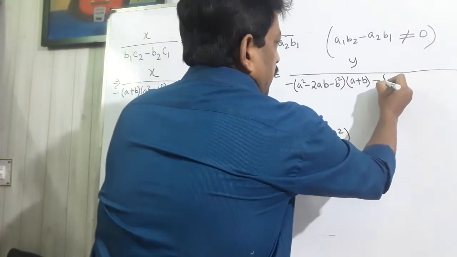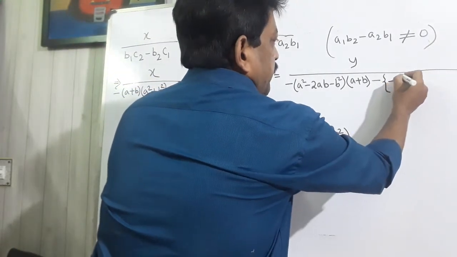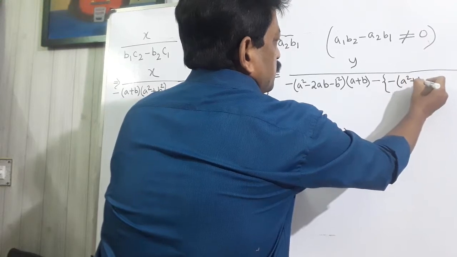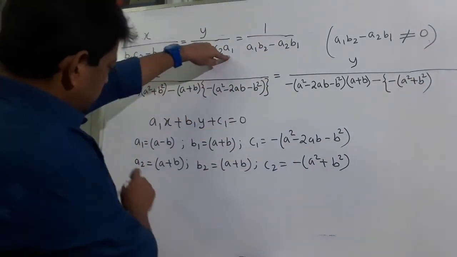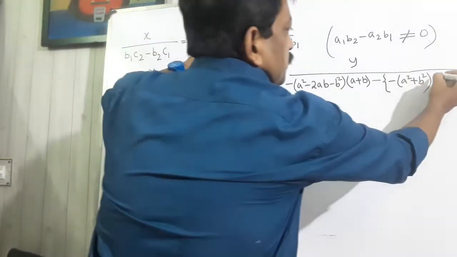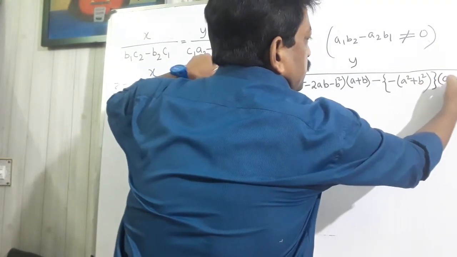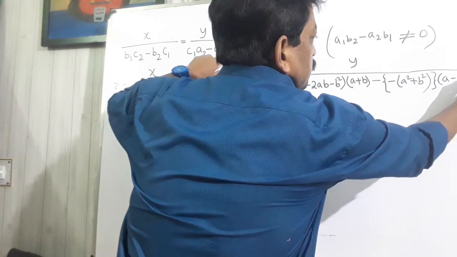So again a second bracket, minus of (a square plus b square), and a1 is a minus b. So here a minus b.